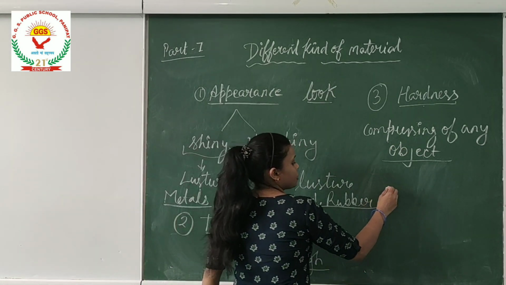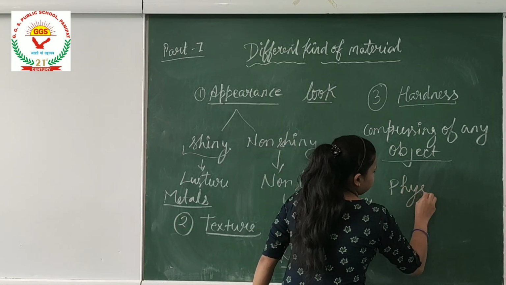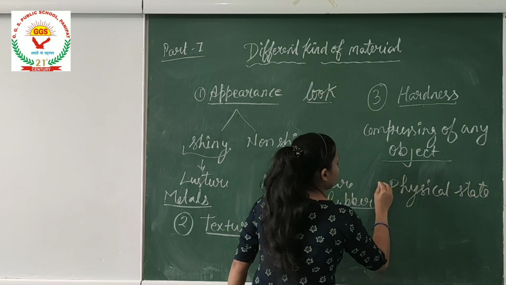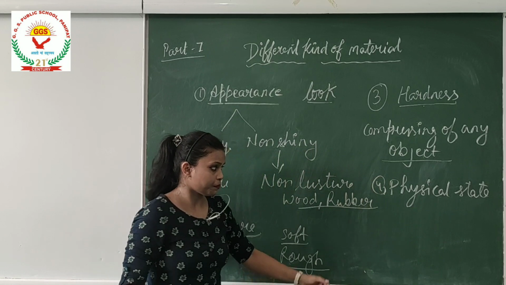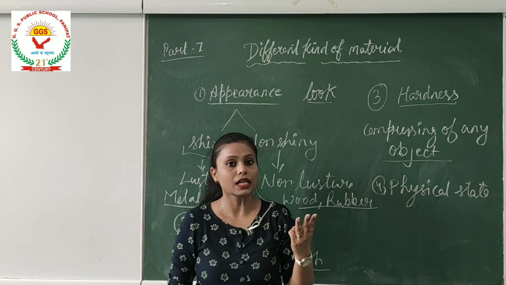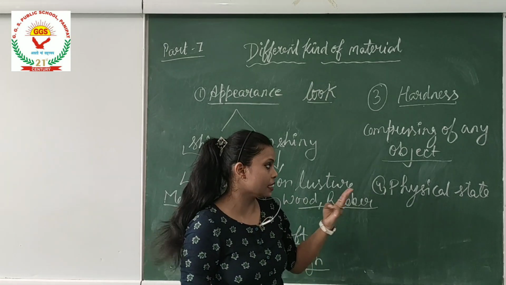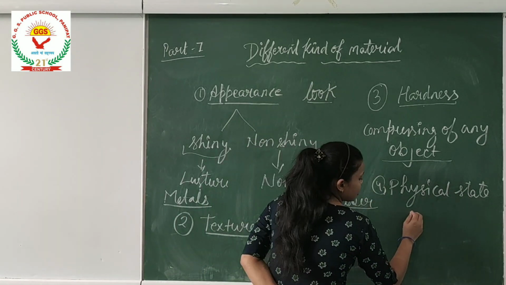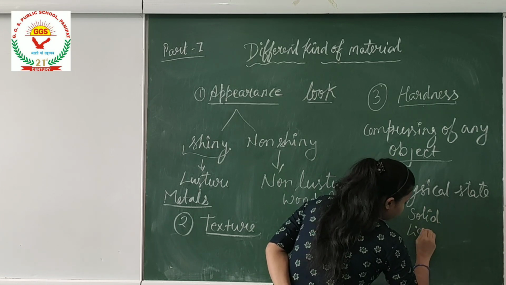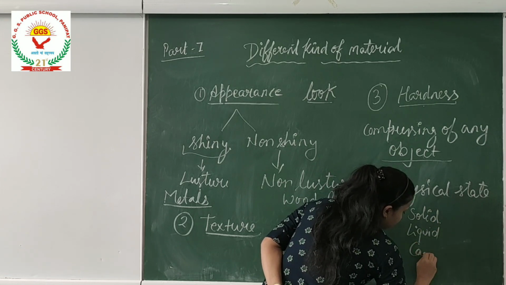The next property is physical state. What is physical state? We have three states. You have read about these three states in your previous classes. What are these states? Solid, liquid and gas.